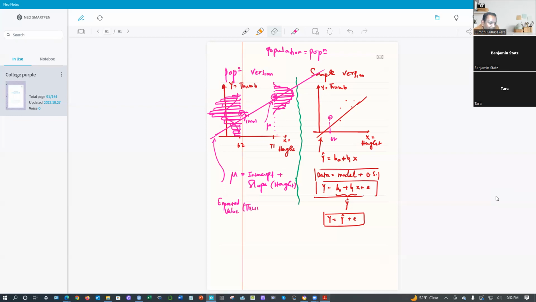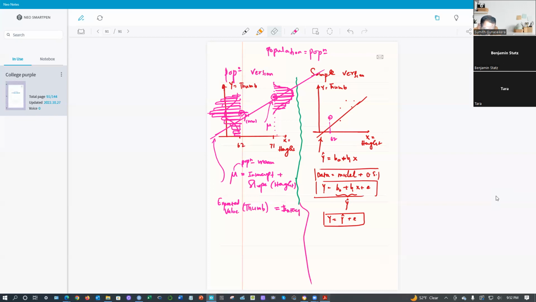We don't say average in a population setting. We say expected value, the population mean. This one is actually the population mean.